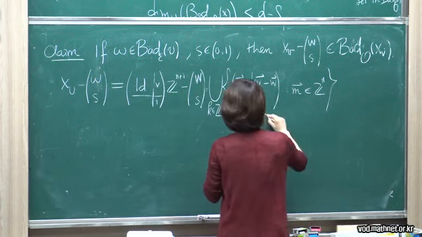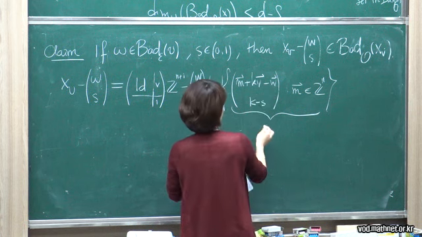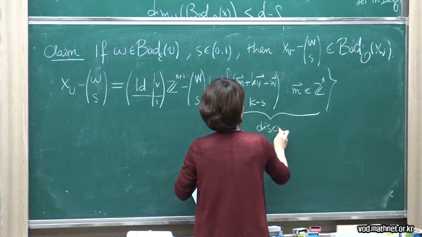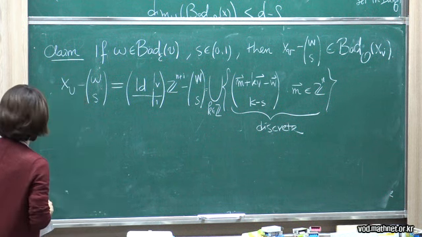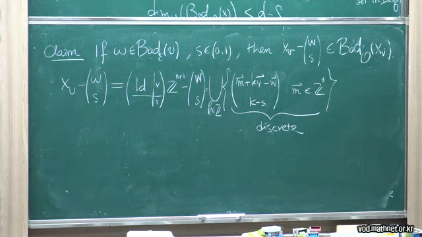So for each fixed K, this is discrete. What I want to say is that if you fix K, then you know where you are. You know the height, right? And you can have only finitely many intersections, right?